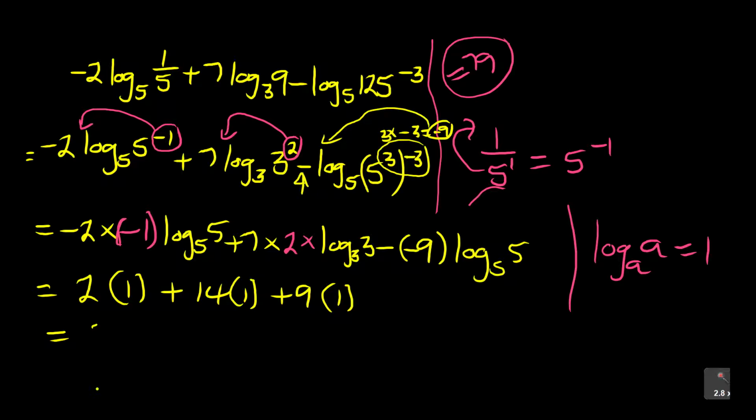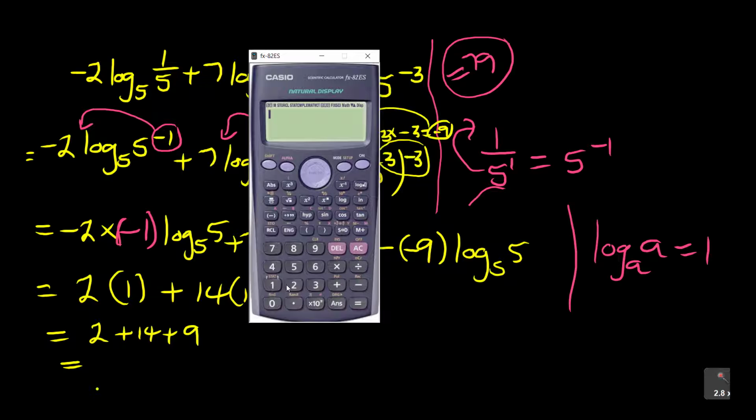See that? So I've got 2 plus 14 plus 9. Now what is 2 plus 14 plus 9? I'm not getting that 79 now. 2 plus 14 plus 9, it gives me actually 25.